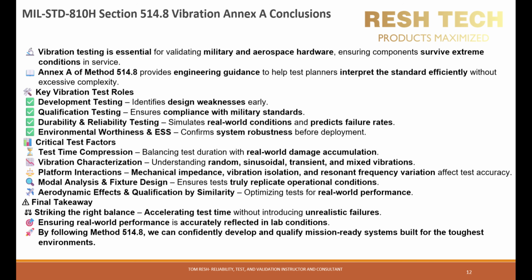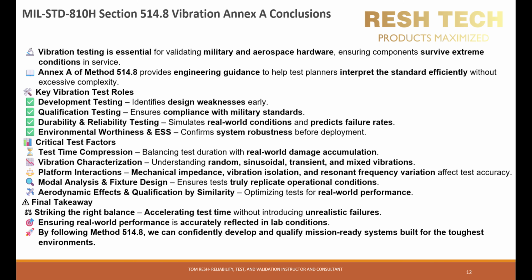By exploring the different types of vibration tests, we've highlighted how each plays a specific role in product development, such as development testing, which identifies weaknesses early; qualification testing, which ensures compliance with military standards; durability and reliability testing, which simulates real-world conditions and predicts failure rates; and environmental worthiness and ESS, which confirms system robustness before deployment.